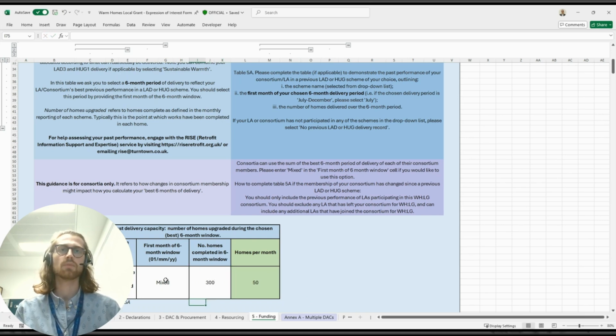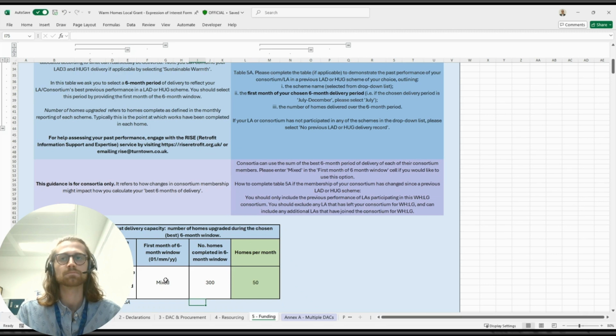Now, it's important to stress here that if you are struggling to work out what this number might be, or you would just like some support to understand what we are asking for here, then please do reach out to the RISE service, the Retrofit Information Support and Expertise Service, who are on hand to help you prepare this EOI form.